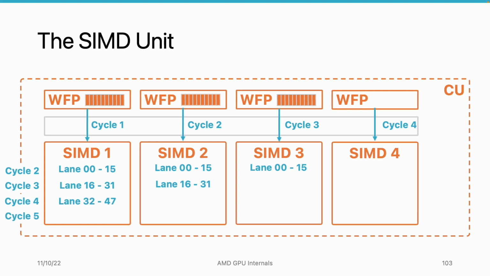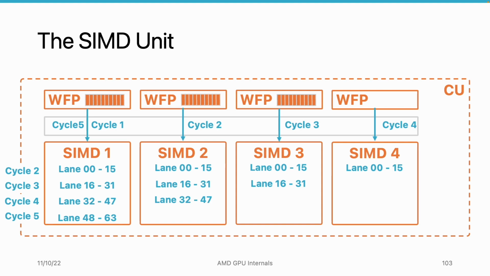Finally, in cycle 5, we issue another instruction to SIMD 1, that's the issue stage. And in SIMD 1, we're finishing the previous instruction, from lane 48 to lane 63. Starting from cycle 6, SIMD 1 can start to execute the next instruction.